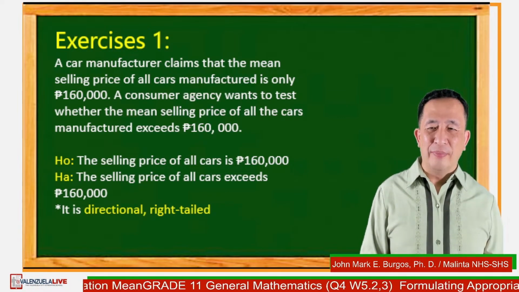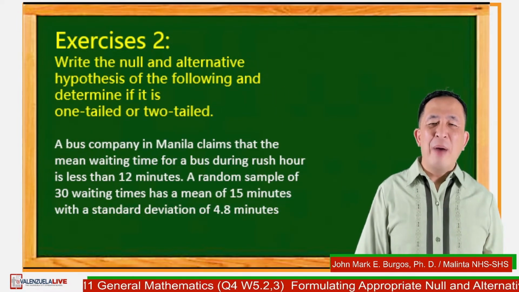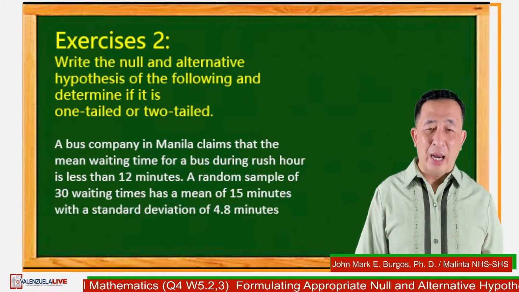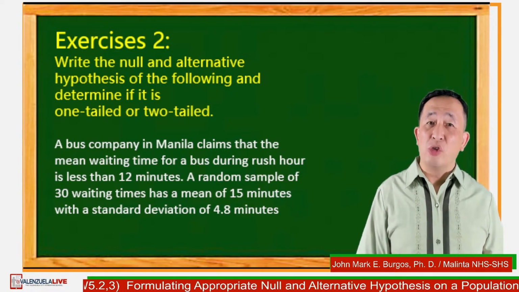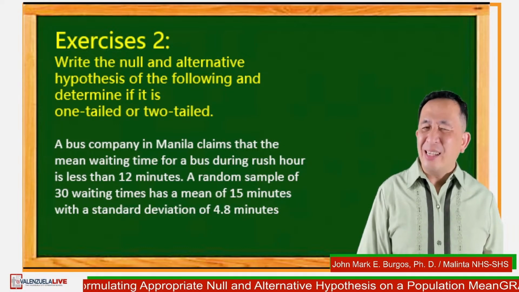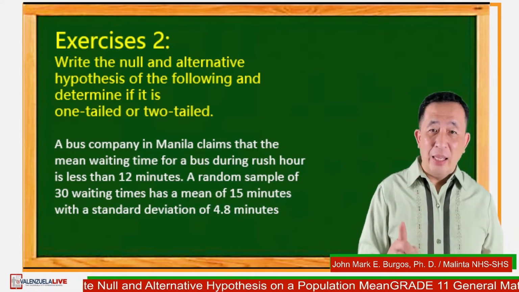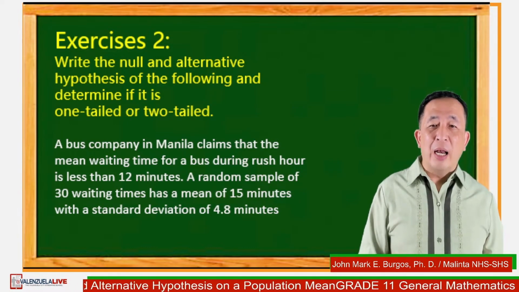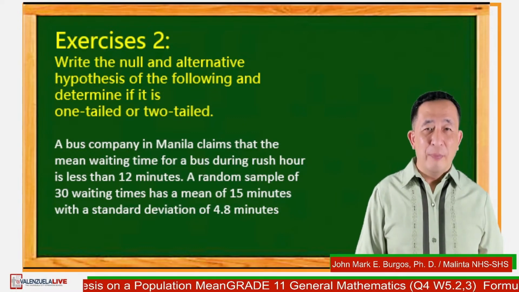Second question. A bus company in Manila claims that the mean waiting time for a bus during rush hour is less than 12 minutes. Take note that in the statement, the claim of the bus company is less than 12 minutes.